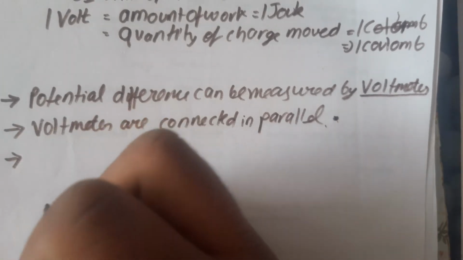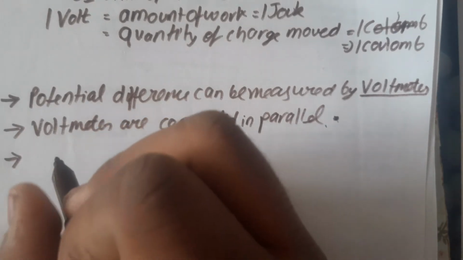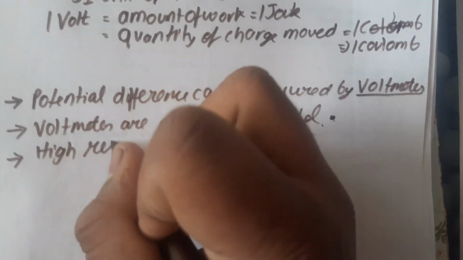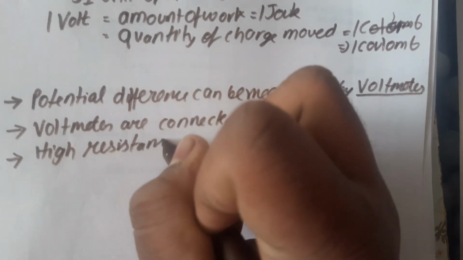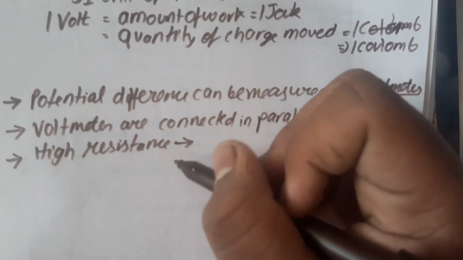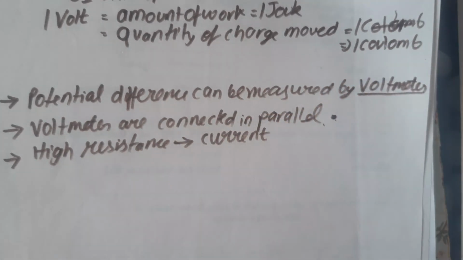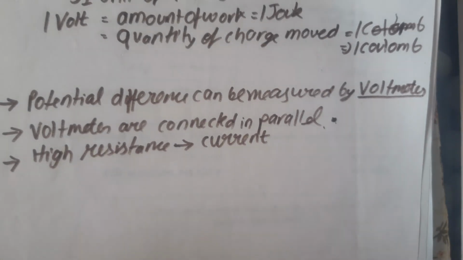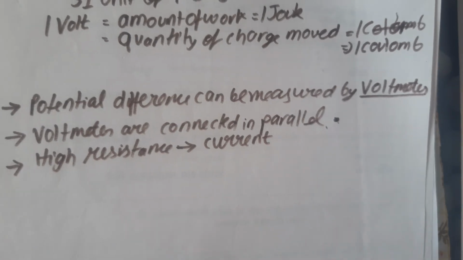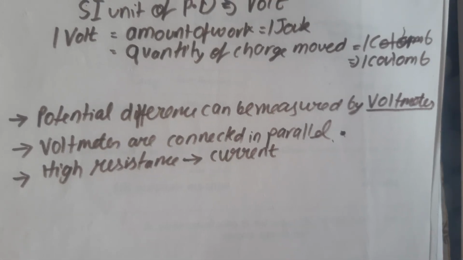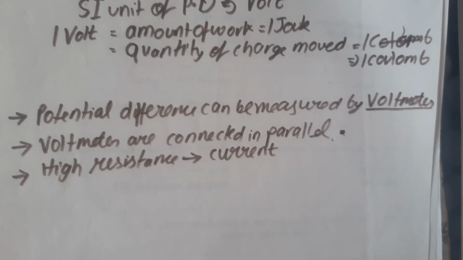This voltmeter has a very high resistance, and due to this high resistance, it doesn't take any current from the circuit. You might know that when we put any appliances or any wires for that matter in a circuit, there is some amount of resistance in them as well. Like if you put a wire, there is a resistance of that wire as well.